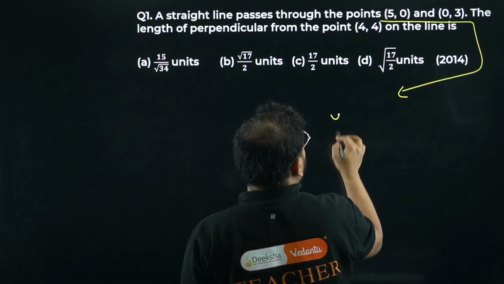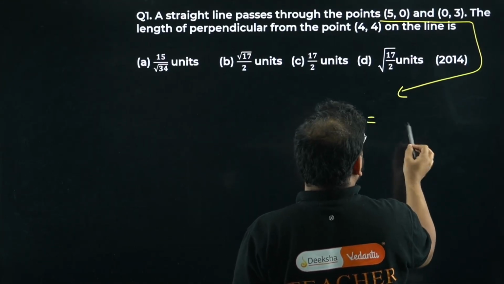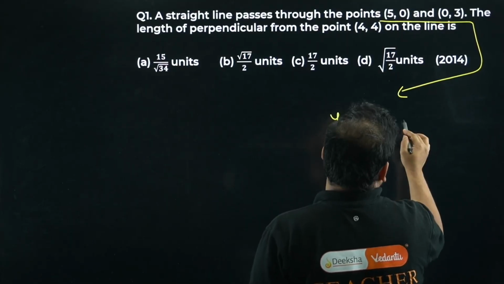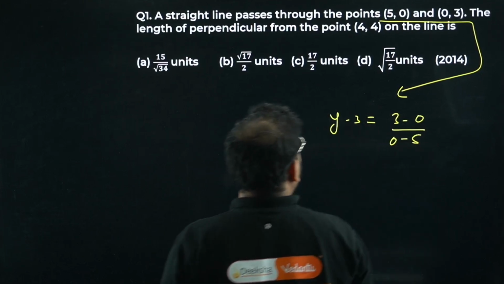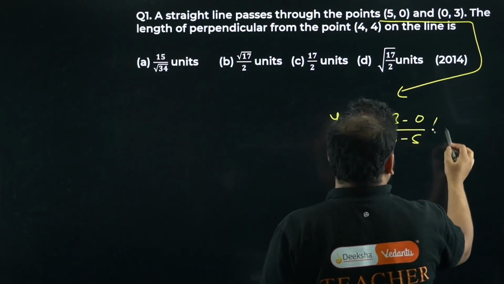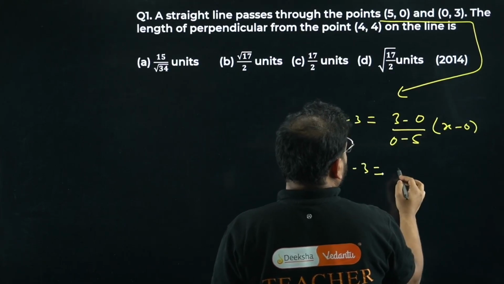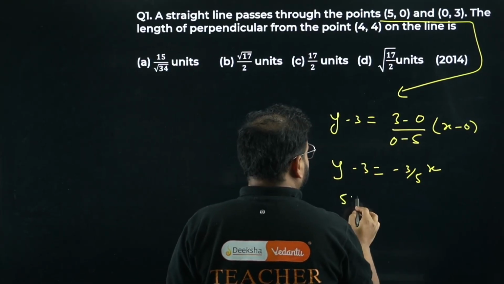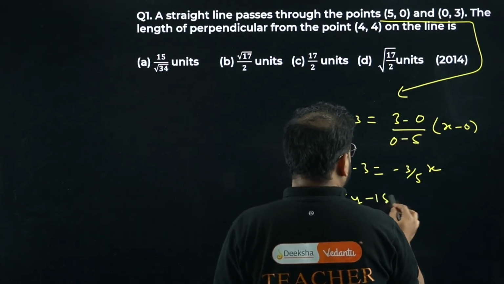Please check. y minus 3 equals to, I'll have 3 minus 0 upon 0 minus 5, into x minus 0. So I get y minus 3 equals to minus 3 by 5 x, which will become 5y minus 15 equals minus 3x.